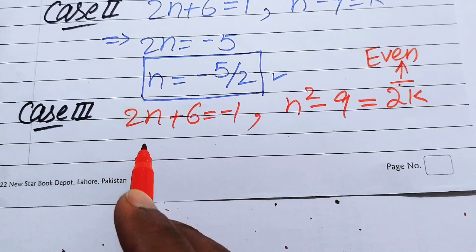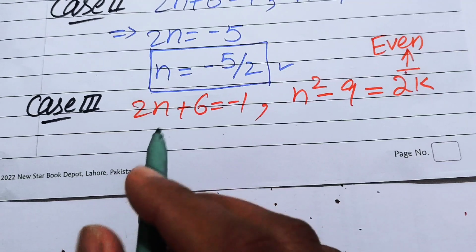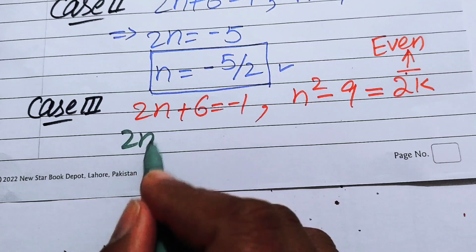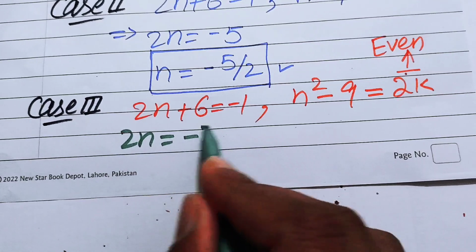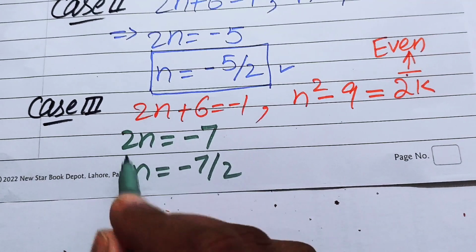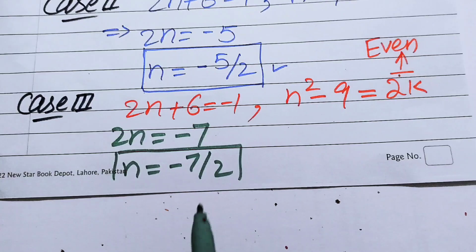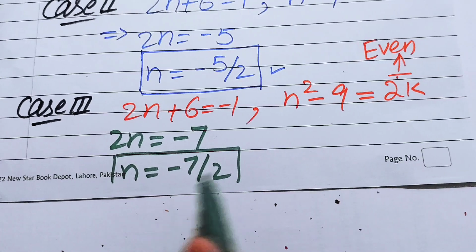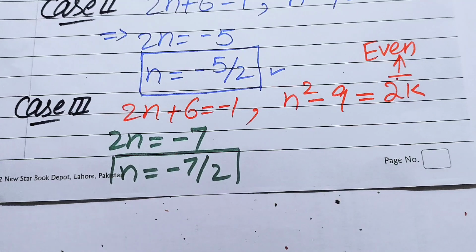So first we find the value of n from here: 2n equals minus 1 minus 6, which is minus 7, so n equals minus 7 over 2. So in this case we get n equals minus 7 over 2. And now we put the value of n here and check whether 2k is even or not.